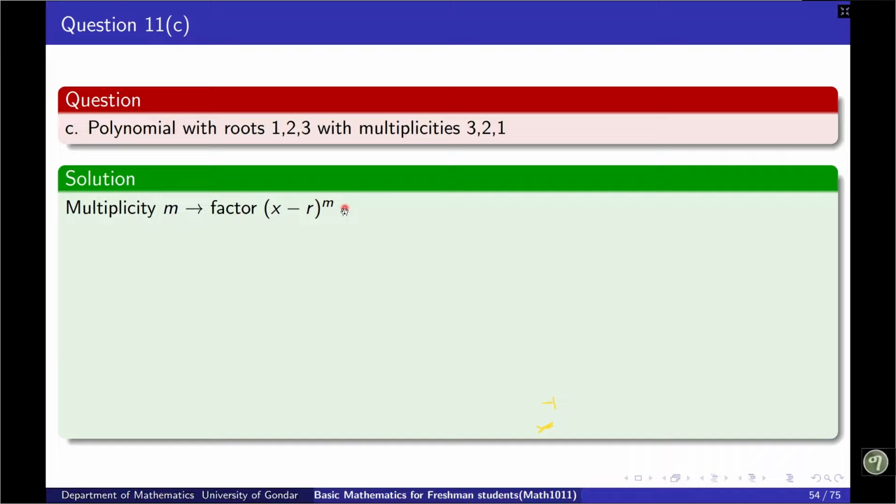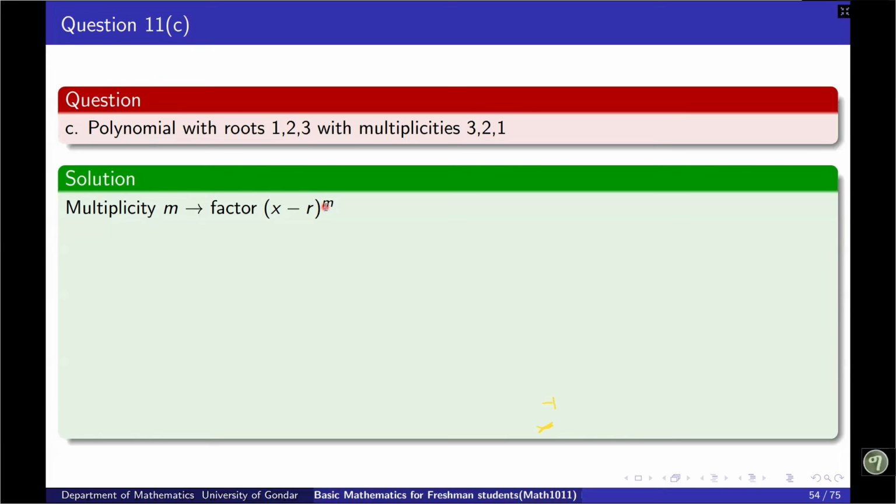That means whenever x minus r to the power of m is a factor, this real number r, or even a complex number, is said to be the root of the given polynomial function with multiplicity m times.